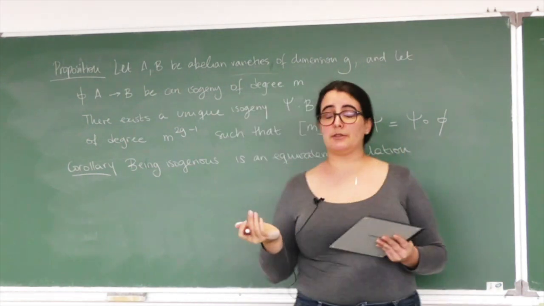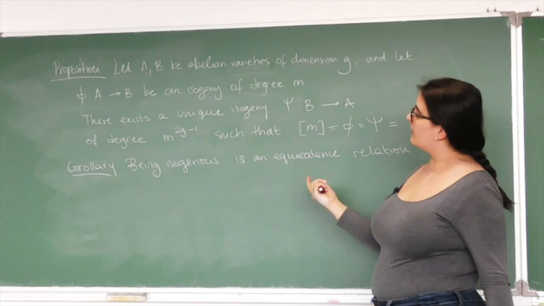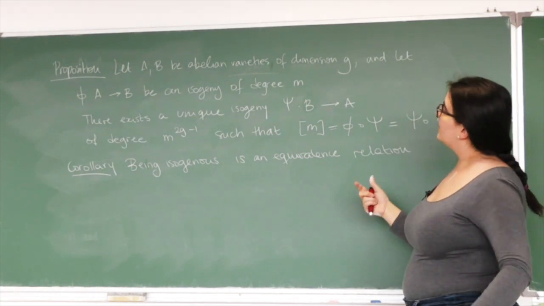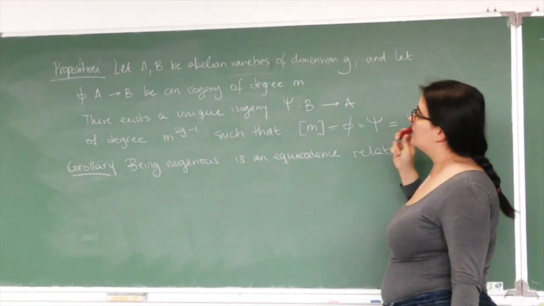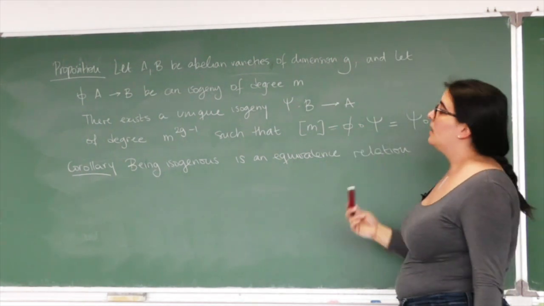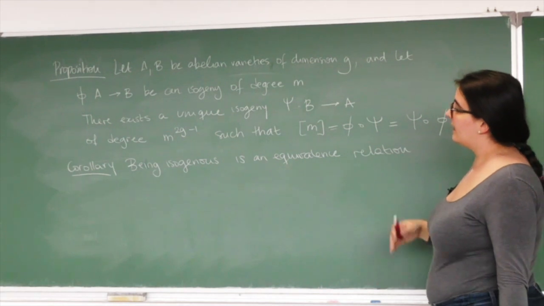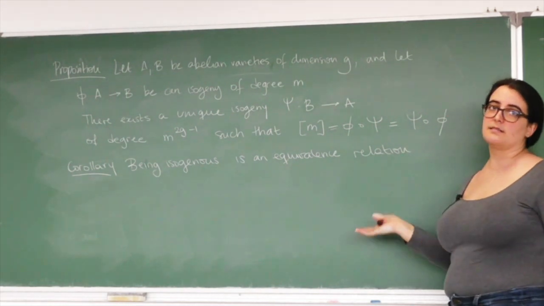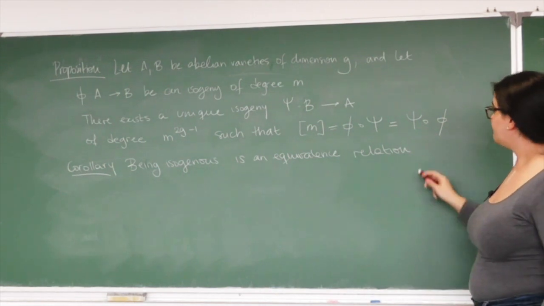To refresh equivalence relations, you can try proving this. It's quite simple. If we have two abelian varieties with an isogeny between A and B, then the isogeny from B to A is just the one we get from this proposition, and the rest of the results work nicely. And in particular, being isomorphic is the case of being isogenous with isogenies of degree 1.